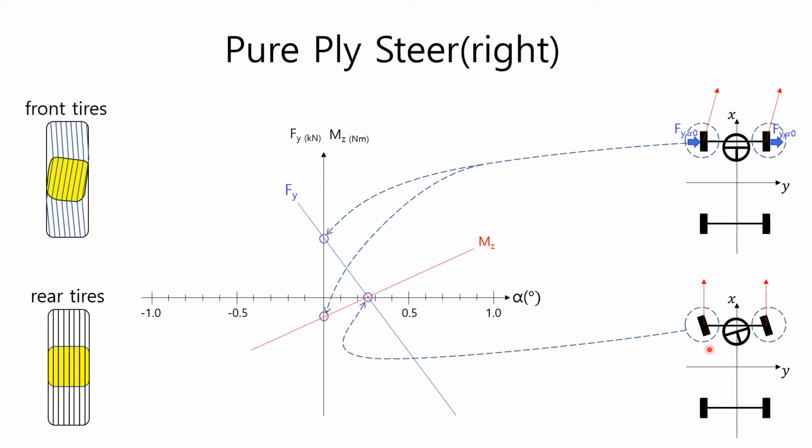On the other hand, when a driver releases a steering wheel, the front tires rotate to the left in response to the ply steer, and the tires move in the straight ahead direction. Here, the slip angle has a positive value because it is in the opposite direction to the steering angle, and in this case, both the lateral force and the self-aligning moment are 0.